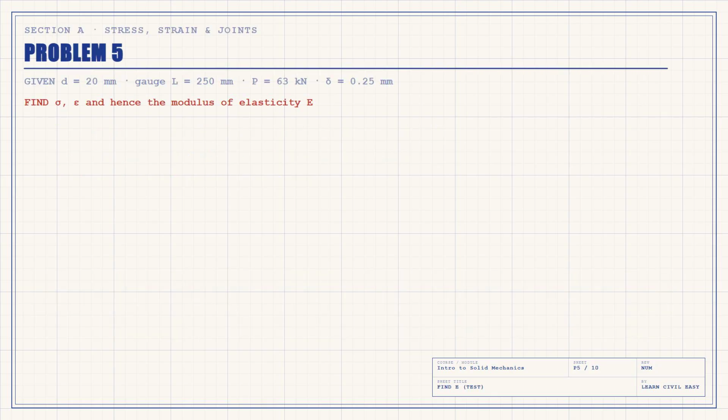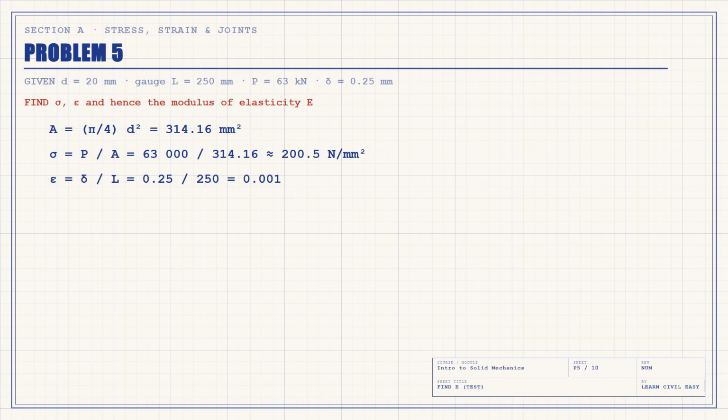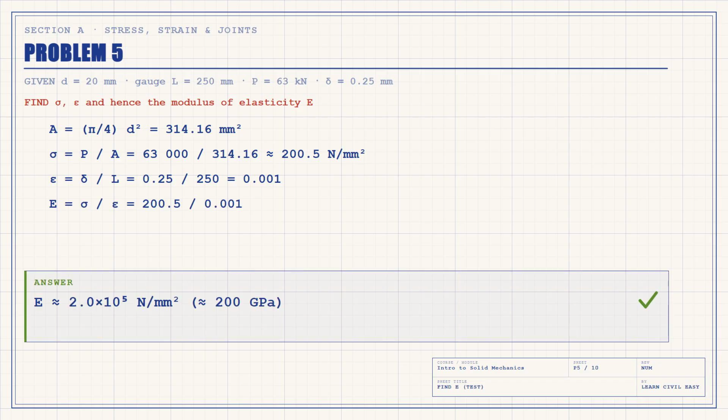Problem 5. In a tension test, a 20 mm rod over a gauge length of 250 mm carries 63 kilonewtons and stretches 0.25 mm. The area is 314.16 square millimeters, so stress is 63,000 over that, about 200.5 Newton per millimeter squared.